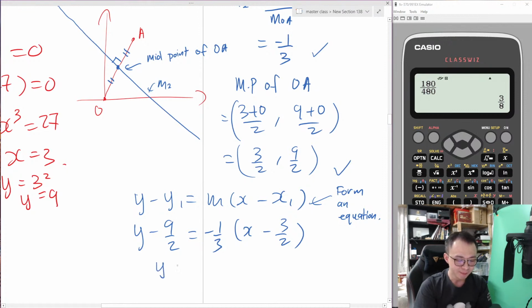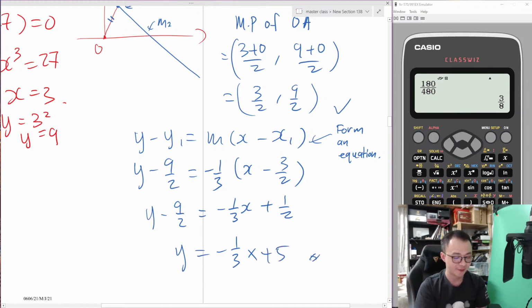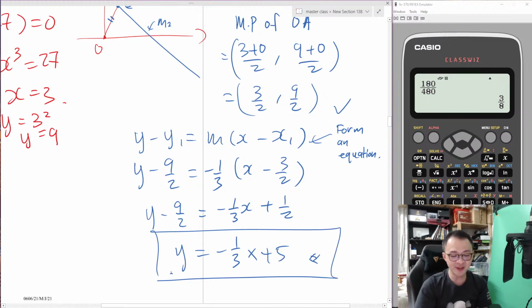So okay, let's simplify. This is y minus 9 over 2 equals negative 1 over 3 x plus 1 over 2. If I want it in y equals mx plus c, then adding 9 over 2 gives plus 5. This is your final equation. This line is the perpendicular bisector of OA.